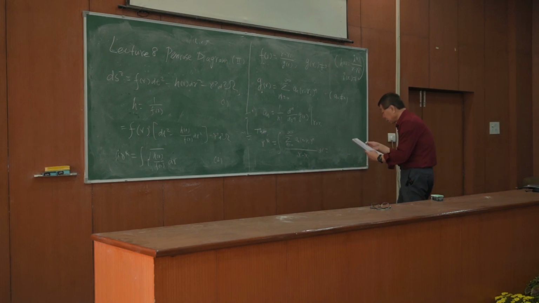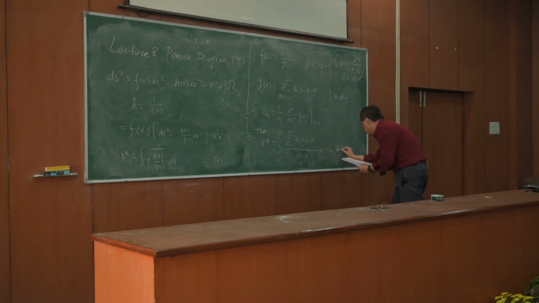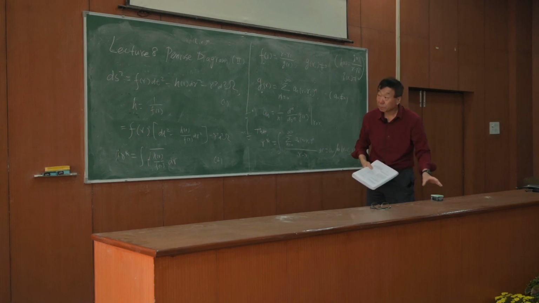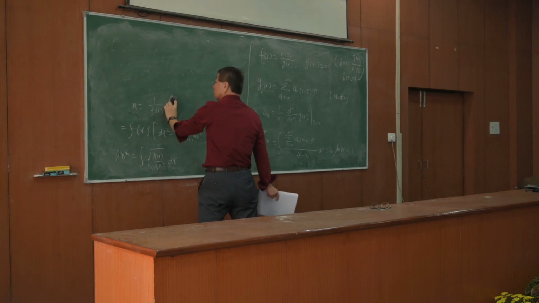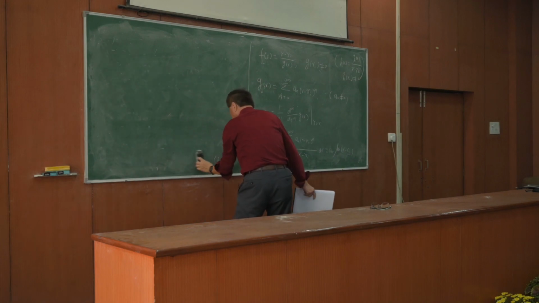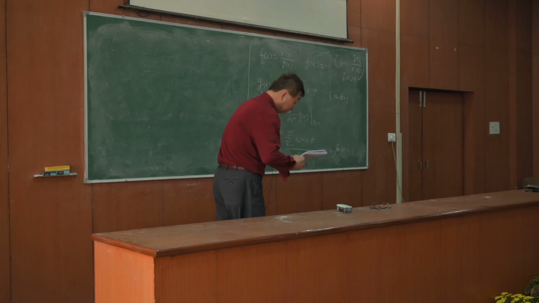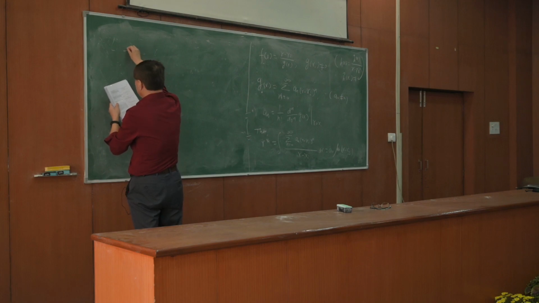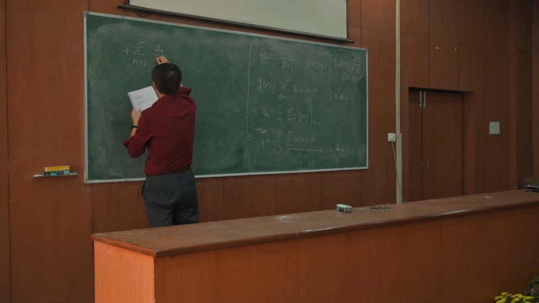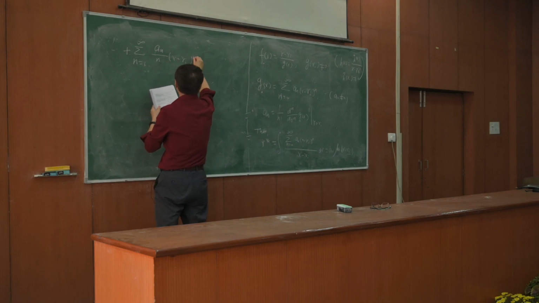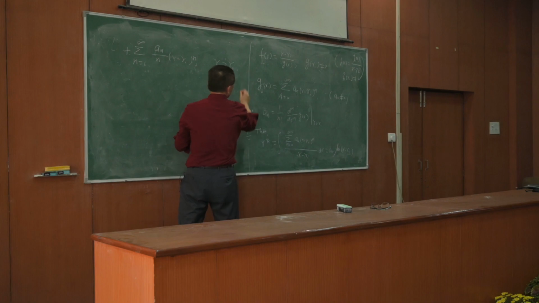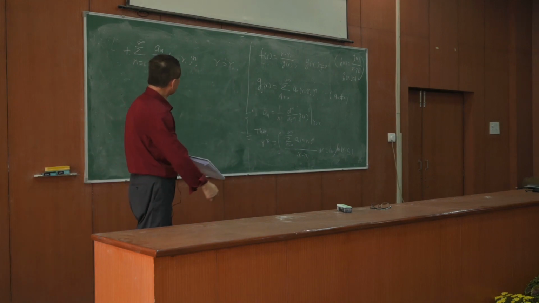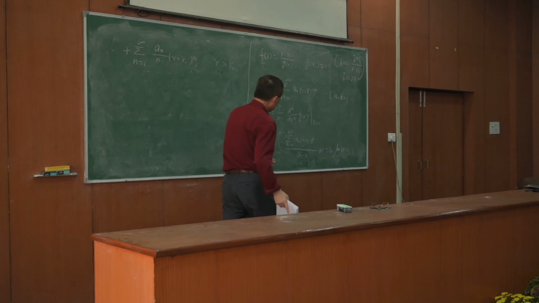So this will give me the following: A0 log R minus R A, plus sigma n equals 1 to infinity A n R minus R A. For R outside the horizon, I just consider the exterior case, so here is plus this.